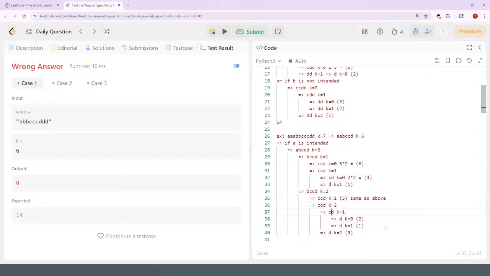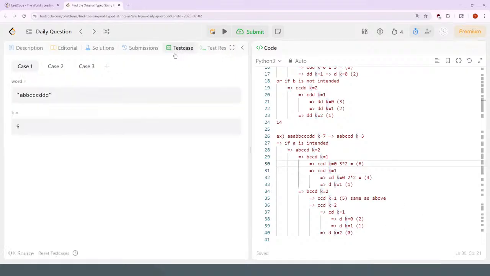So looks like the sum of this should be 1, 2, 3, 3, 10, 19. Let's see, 3 A's, 2 B's, 3 C's, 2 D's, and 7.